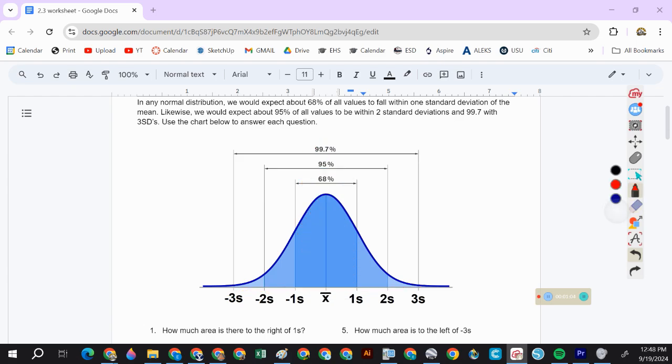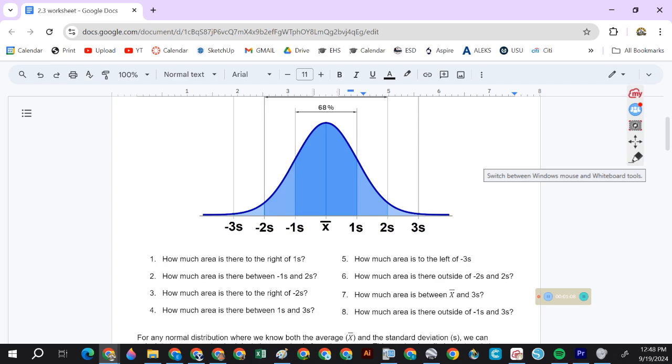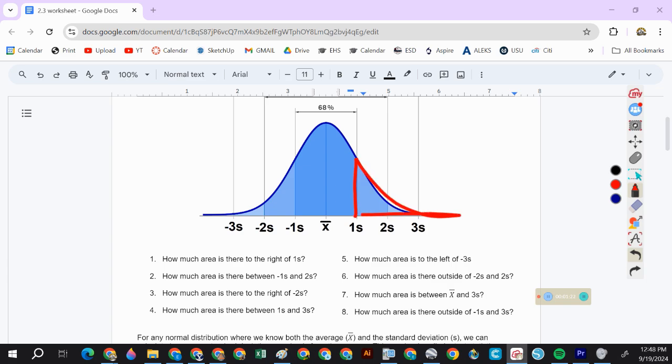So, I have a bunch of questions for you. How much area is to the right of one standard deviation? So that's going to take a little bit of figuring. So I want to know how much area is over here. How would we figure that out?